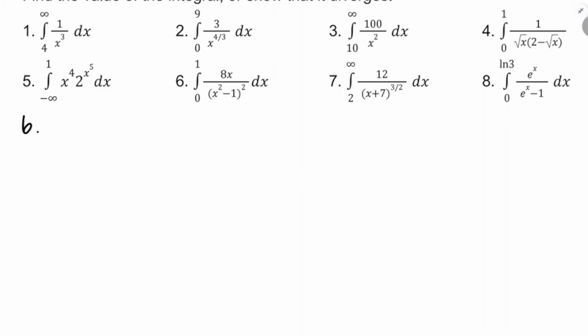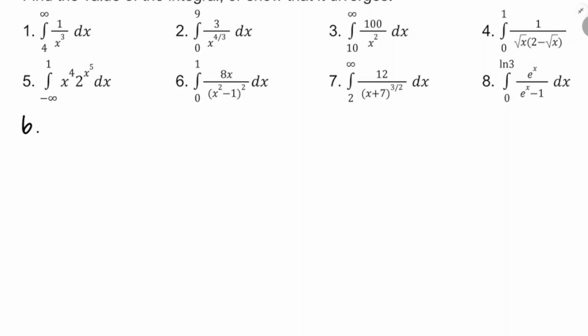All right, 8x over x squared minus 1 squared. All right, so the issue with this one isn't going to be the 0, it's going to be the 1, right? Because at x equals 0, I just have 0 over 1, and there's nothing wrong with that.